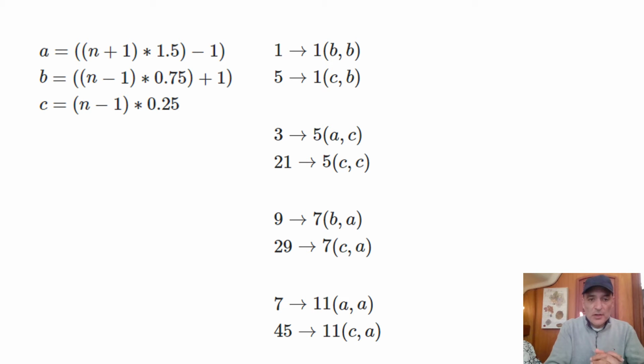Operation B is n minus 1 times 3/4 plus 1. So n minus 1 is 8, times 0.75 is 6, plus 1 is 7. And 29, which is operation C, is 28 divided by 4, which gives us 7. So two sequences come together just like that.